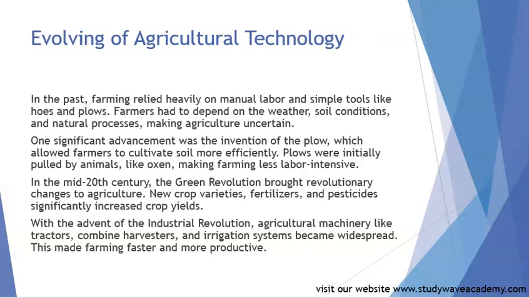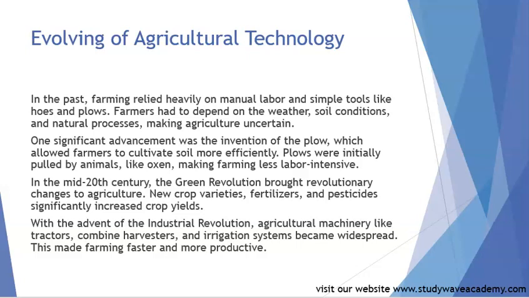Evolving of agricultural technology. Agricultural technology has come a long way from traditional farming. In the past, farming relied heavily on manual labor and simple tools like hoes and plows.